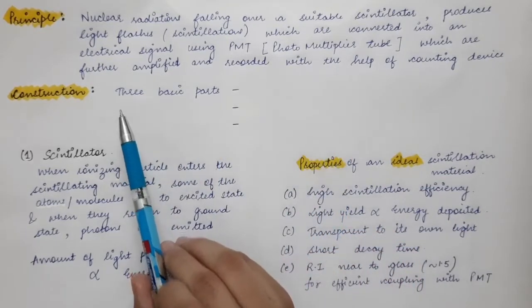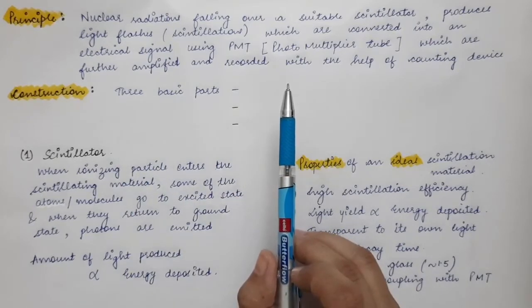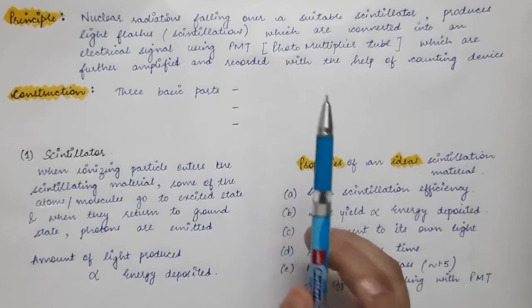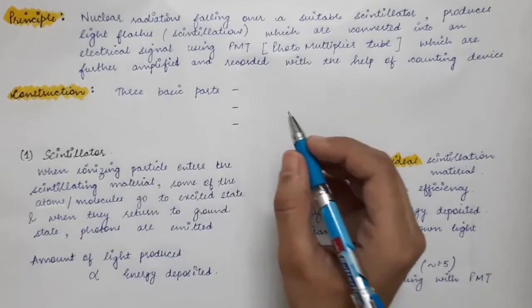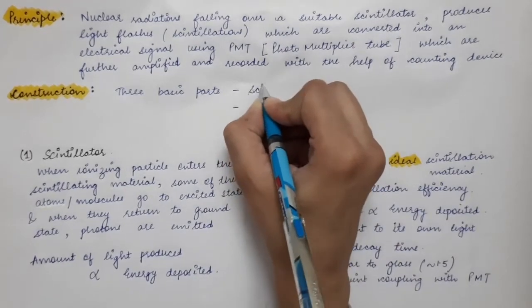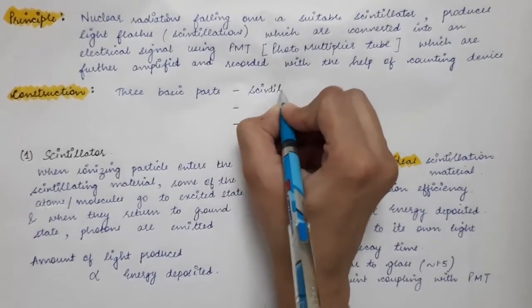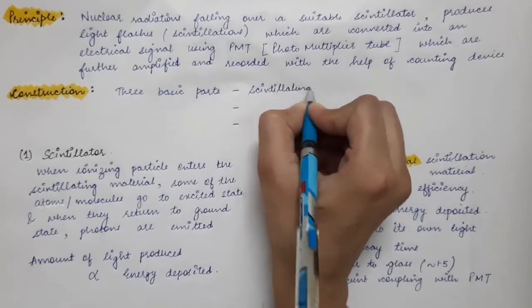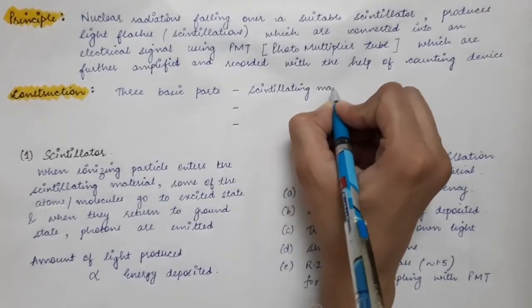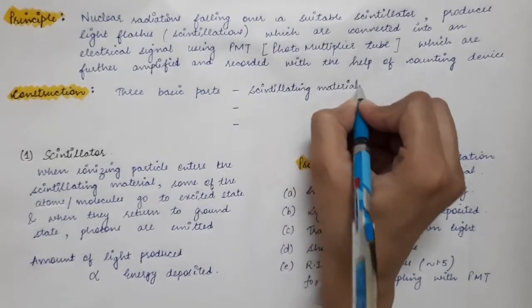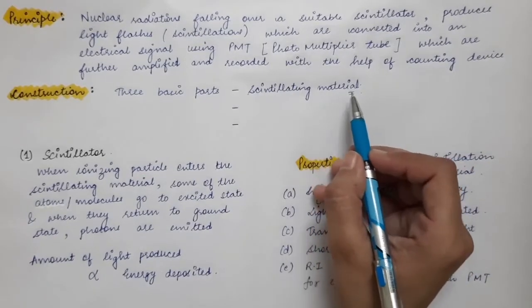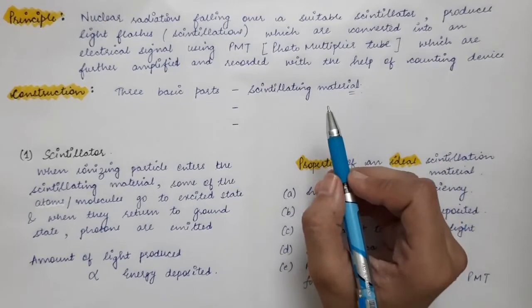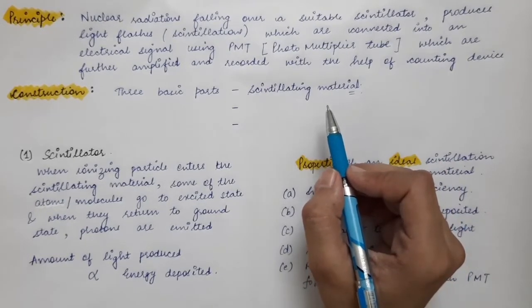Now what is the construction? There are three basic parts present in a scintillation counter. The first one is the scintillator, or you can say the scintillating material. This material produces light flashes when ionizing radiation enters the material.